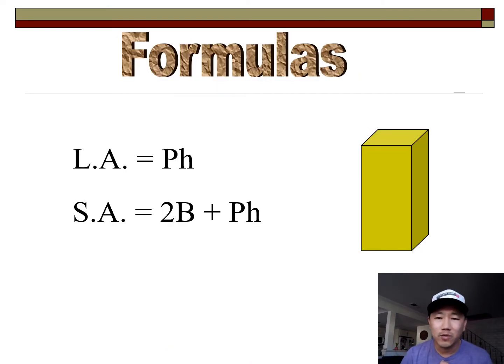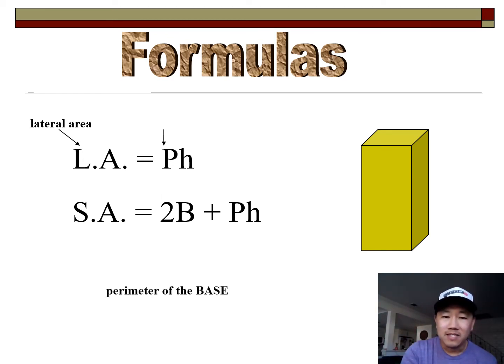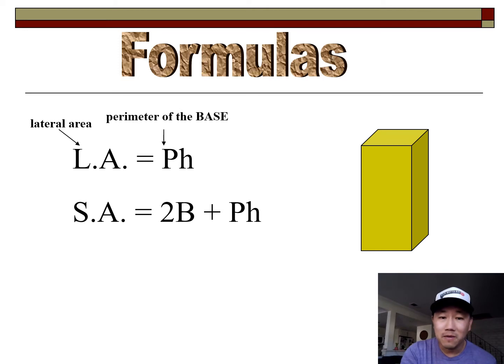All right, so here we have some formulas for right prisms. We have LA and SA. Let's see what they stand for. LA stands for lateral area. The lateral area is just the area around the shape. The P stands for the perimeter of the base, and the H stands for the height. The SA stands for surface area.